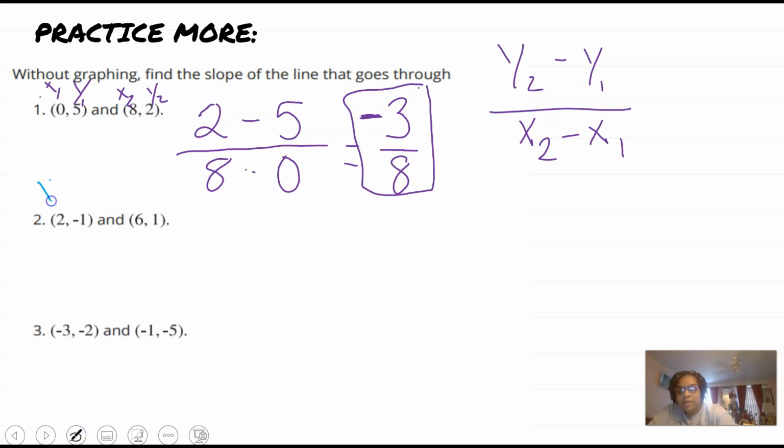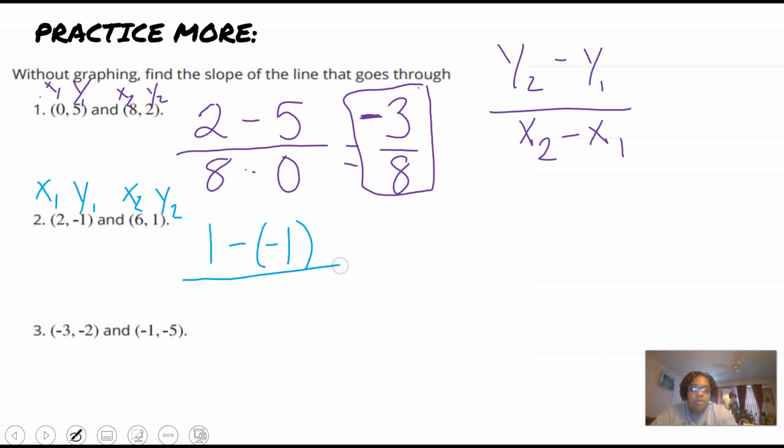The next one is x1, y1, x2, y2. My y2 is 1. My y1 is negative 1. Now, please do not lose your sign. This says negative 1, so I am going to write negative 1. I only put a parenthesis so you can see, yes, you're going to have 2 negatives here, okay? Or 2 subtraction signs. My x2 is 6, and my x1 is 2.